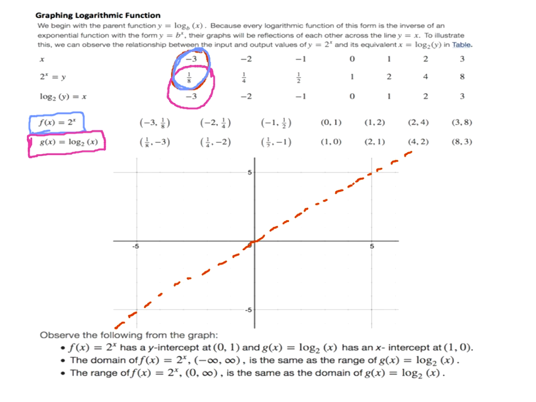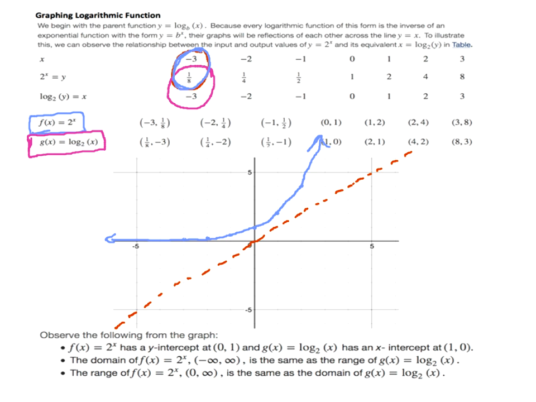Okay, so -3, 1/8. -2, 1/4. -1, 1/2. 0, 1. 1, 2. 2, 4. Asymptote is the x-axis here. This is my exponential, and it's going to go off into positive infinity there.